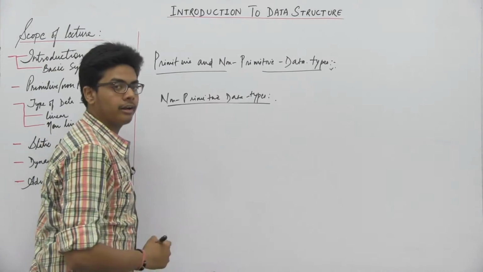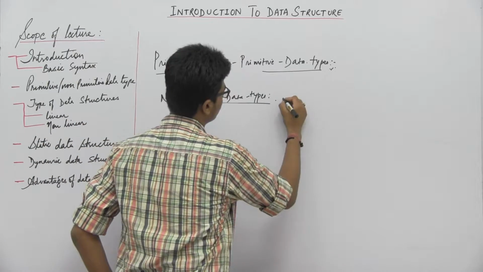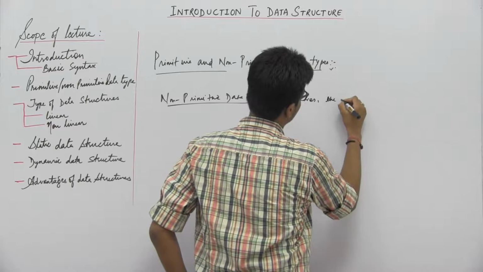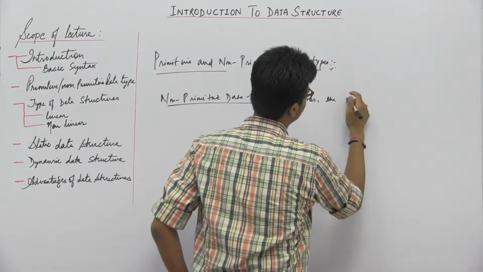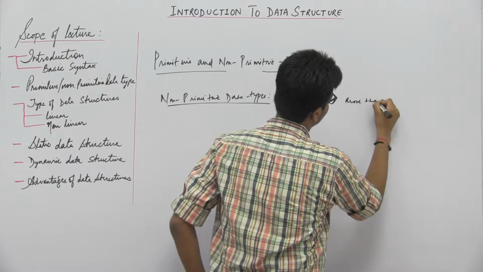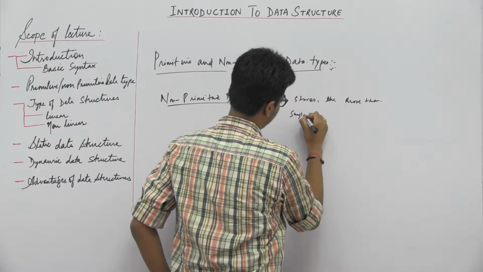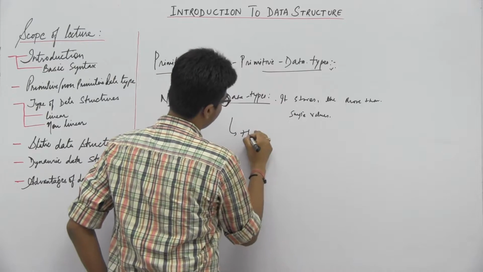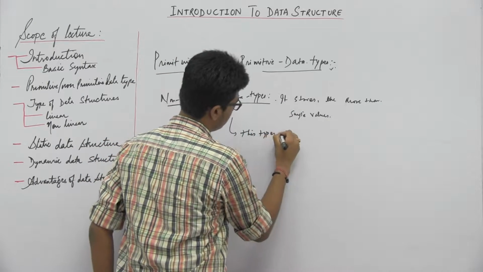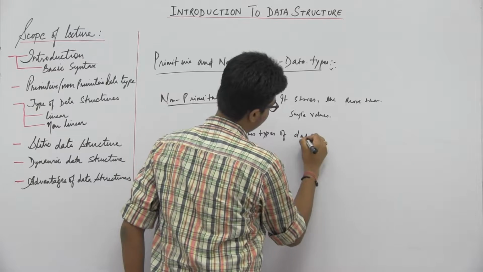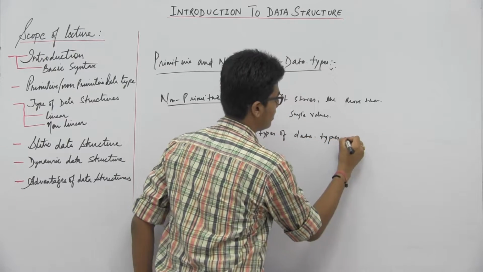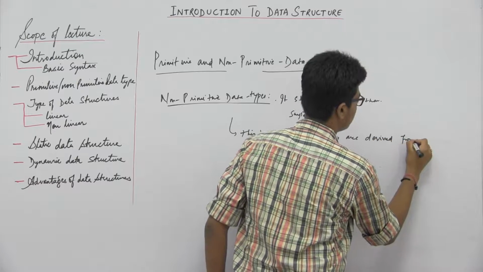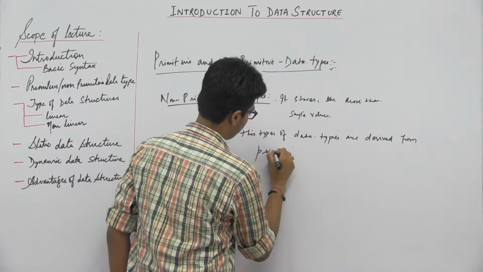Next, non-primitive data types. A non-primitive data type stores more than a single value. This type of data type is derived from the primary data types.